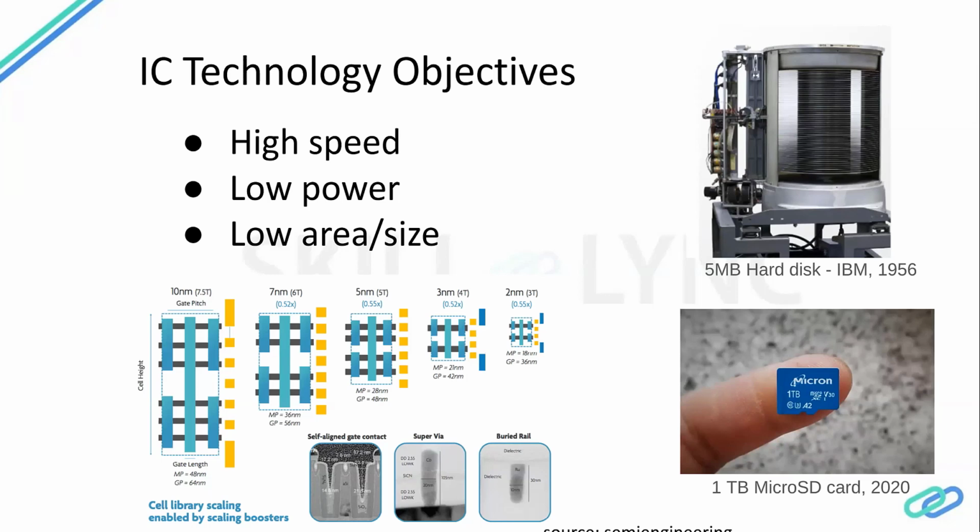This kind of change has been possible because the objectives in IC technology were to reduce the size of the device or the transistors, to reduce the power, and at the same time to make the chip or the hardware very fast and increase its performance.